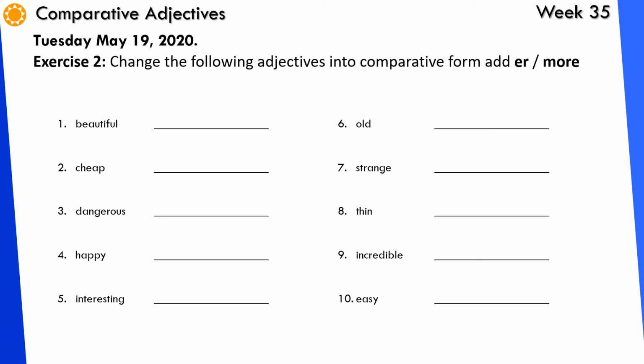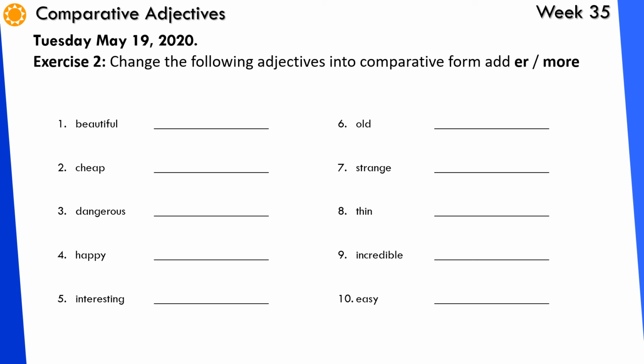Exercise 2. This exercise, you have to do it also on Tuesday. Change the following adjectives into comparative form. Add er or more. I'm going to help you with 1 and 2. Number 1, beautiful. This is a long adjective, and long adjectives use the word more before the adjective.